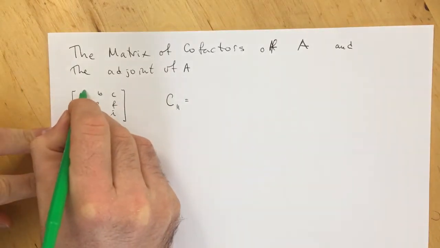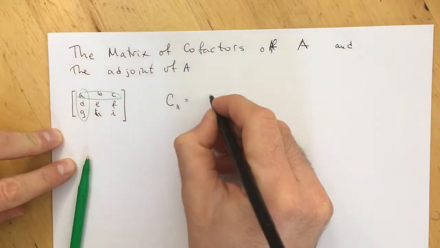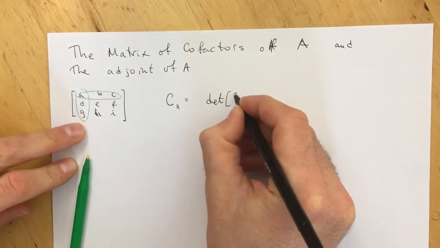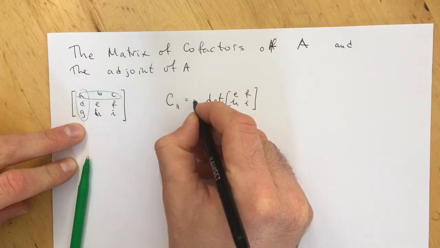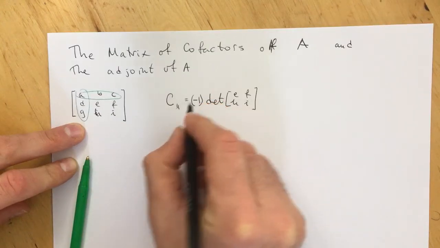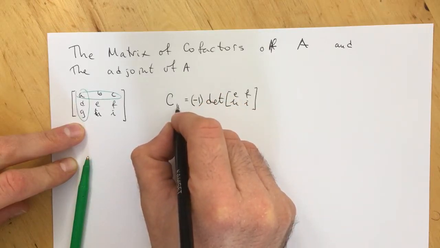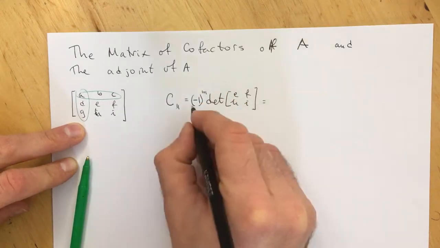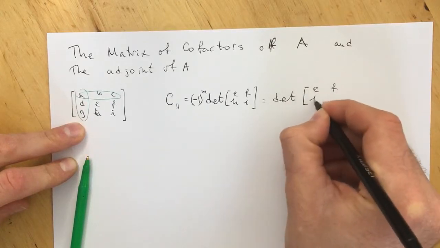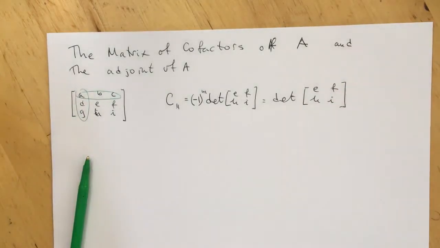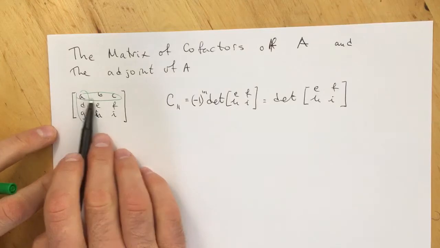So the submatrix here is E, F, H, I. But of course, don't forget to multiply that by -1 to the power of the sum of these subscripts. So that's 1 plus 1. -1 to the power 2 is just 1. So this is going to be equal to the determinant of E, F, H, I. Okay? So that's going to be the cofactor when I have erased the first row and the first column.